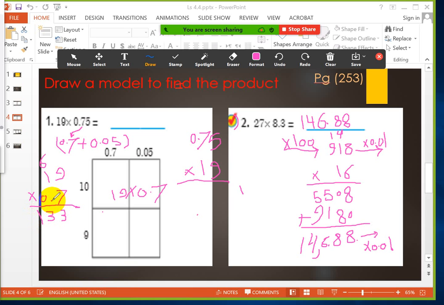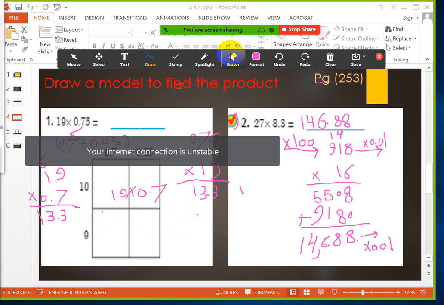What about the decimal point? I have only one digit after the decimal point. That means I will move the decimal point only one digit. The number becomes what? 13.3. I will write the first answer, 13.3.